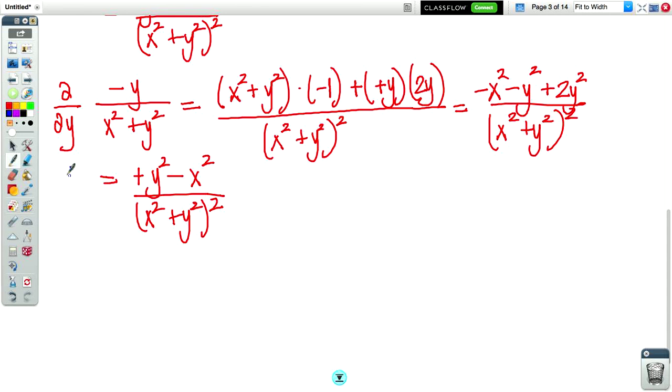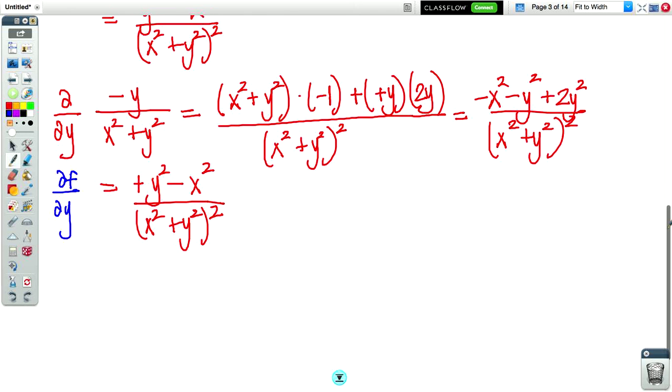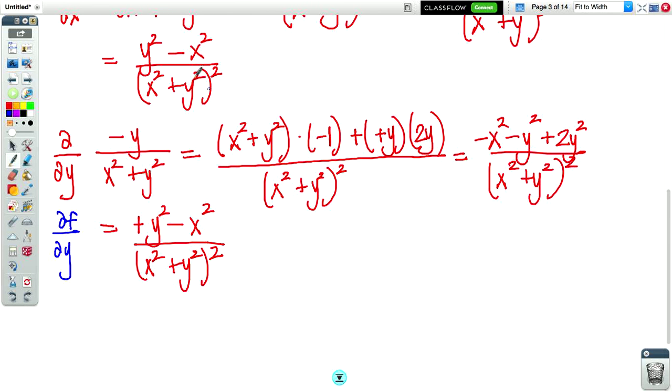We know that the partials with respect to y and with respect to x are, let's see, actually they're the same, right? So y squared minus x squared over the denominator squared, which is kind of interesting because that makes Green's theorem pretty easy to use here. Green's theorem says just integrate over the region of partial g with respect to x minus partial of f with respect to y.